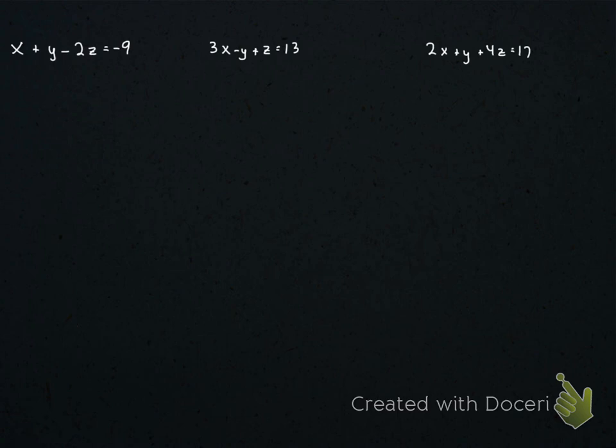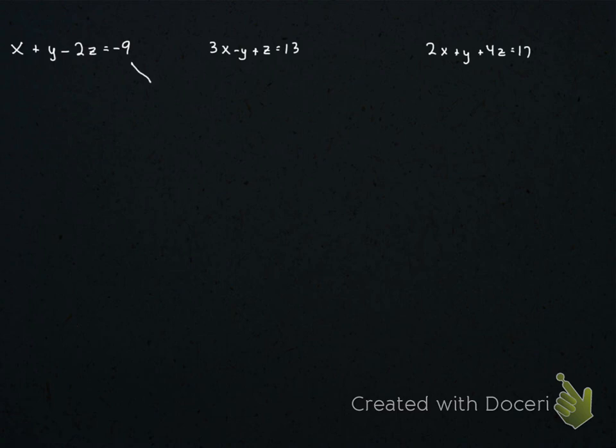Now, when we've got all three equations that contain all three variables, this is the way that I always start. I always write the equations up next to each other with some space in between at the top of the board.